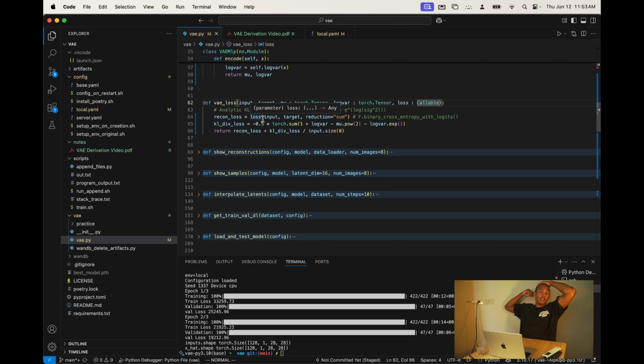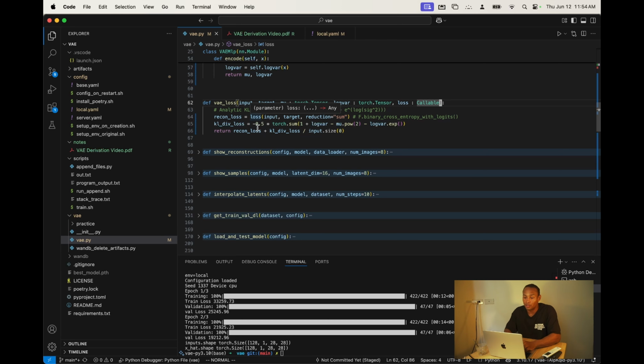The predictive distribution is going to be independent Bernoullis for each pixel, so the likelihood becomes a product of those Bernoullis. The log likelihood is the sum of the log of those Bernoullis, which when you reduce it becomes the binary cross entropy. So you sum over the binary cross entropy value for each pixel across all pixels, across all images in that batch.